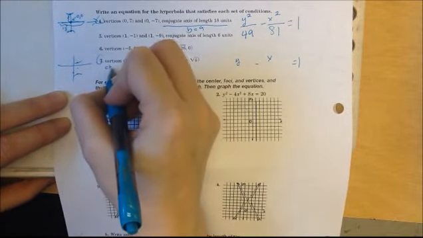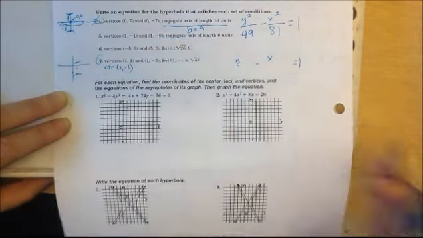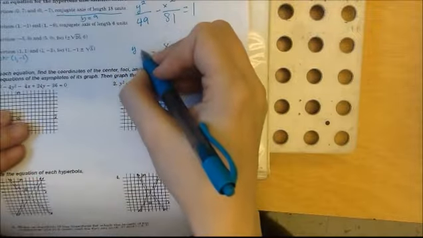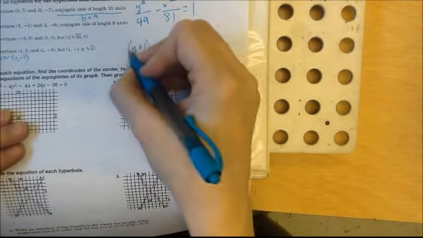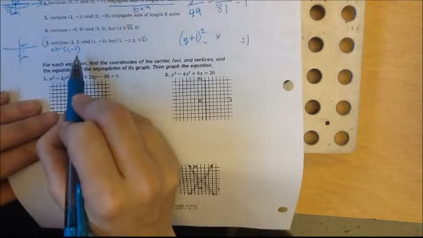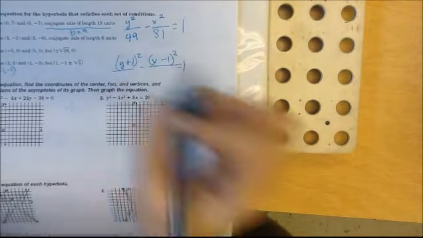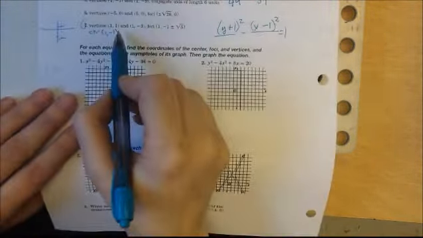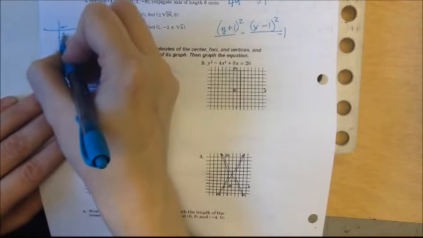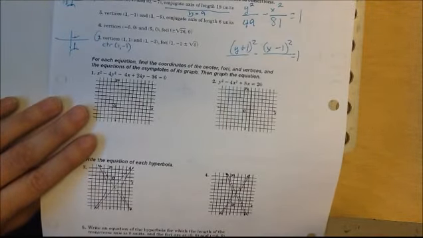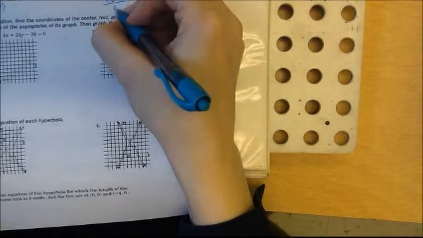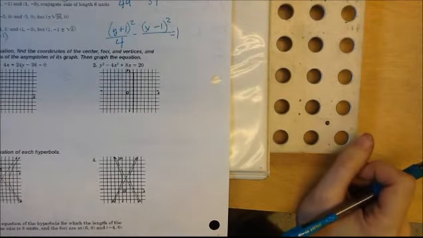So the center is at (1, negative 1). So this will be y plus 1 squared, because the y coordinate is negative 1, and this will be x minus 1 squared. The distance from the center to one of these vertices is 2, so a is 2, and a squared is 4.